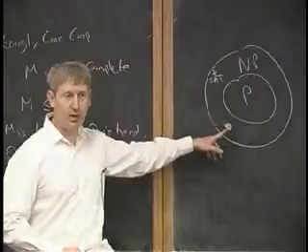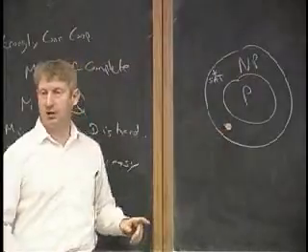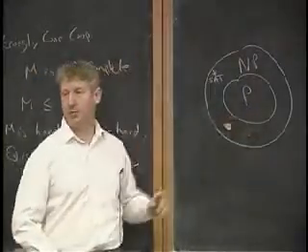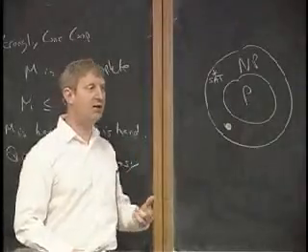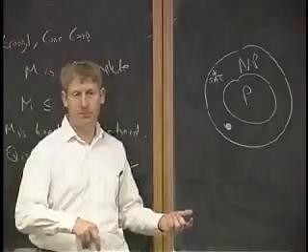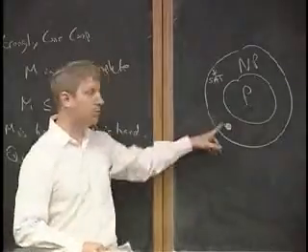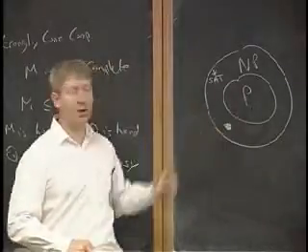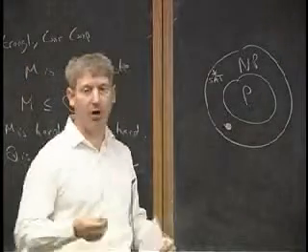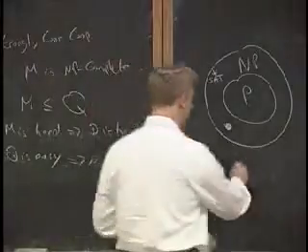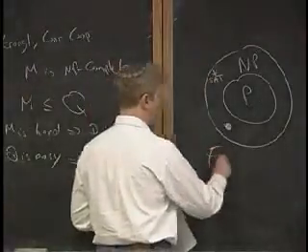A good candidate would be a problem that people have worked on for 100 years and never ever gotten a polynomial time algorithm for, but have been working on for 30 years and can't find any reduction to it. Any problem like that is a good candidate for a problem that is neither in P nor NP complete. So there's a great example of this, and it's at the heart of all the cryptography stuff, and it's factoring.